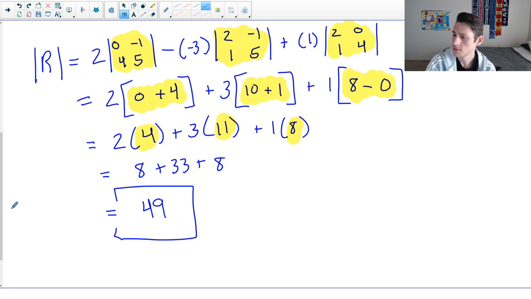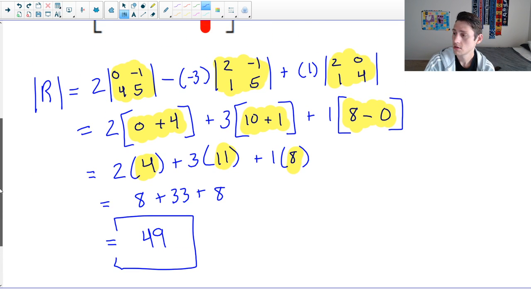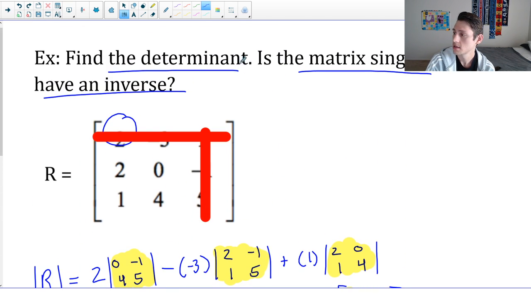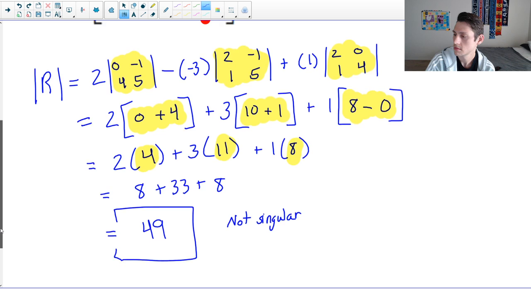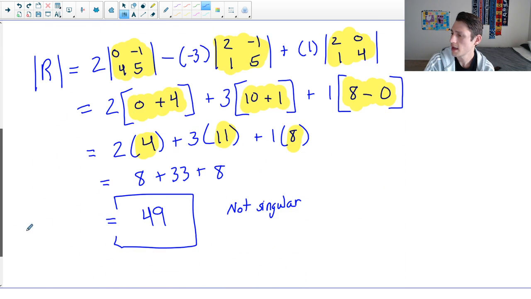Okay, so the question doesn't just ask what is the determinant. It asks, is the matrix singular? This determinant's not 0, so it's not singular. Does it have an inverse?